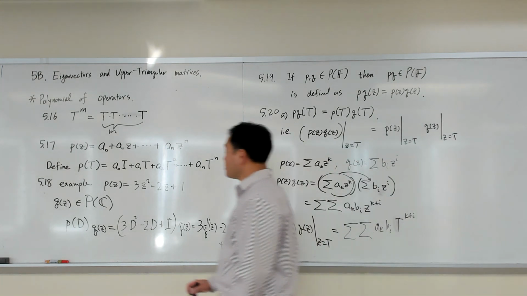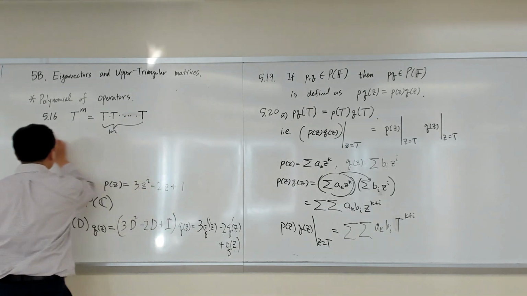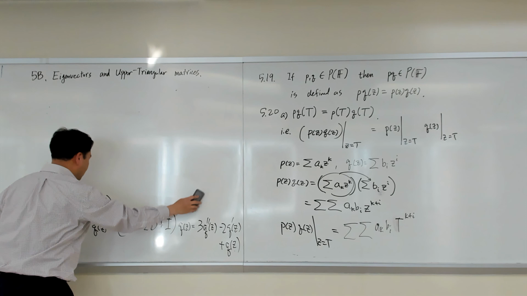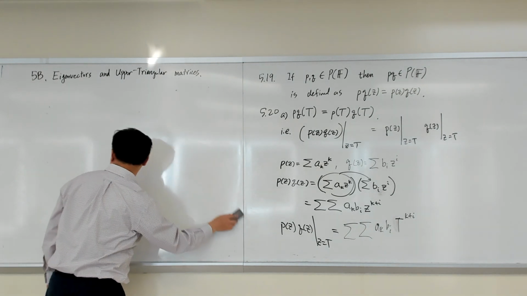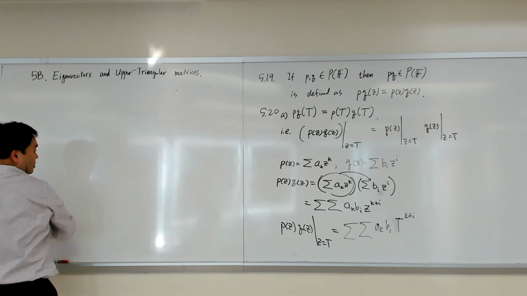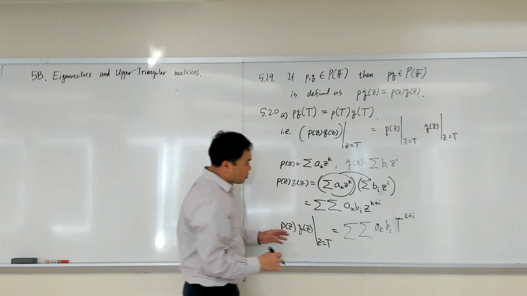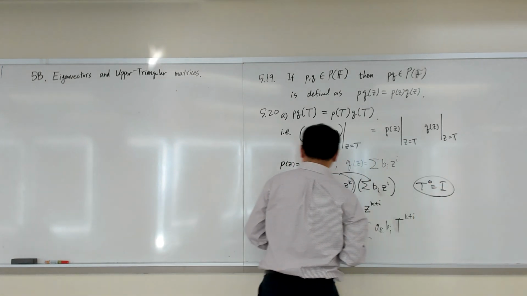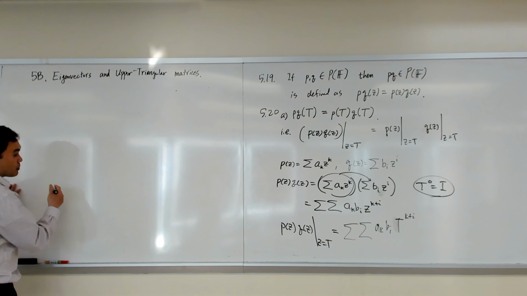But then you can check if you do the same thing on the right side, you get the same thing. And by the way, by definition, t to the 0th power is the identity, regardless of whether t is invertible or not. That's going to be our convention.